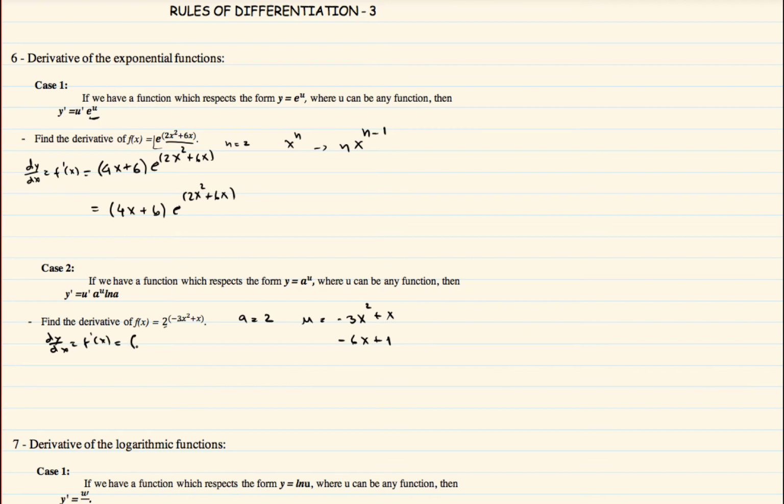So we have u dash, which is minus 6x plus 1, into the original function, as we've been doing in case 1, 2 raised to minus 3x squared plus x, which is the u itself without any modification.